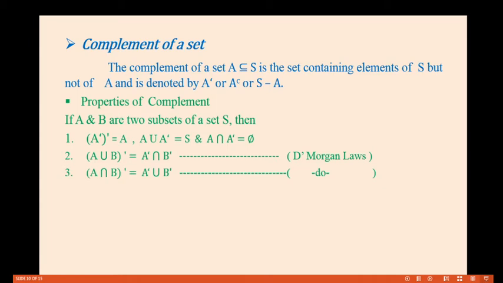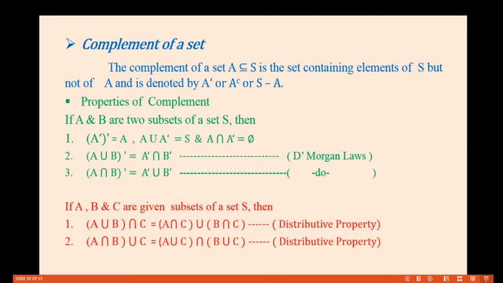If A and B are two subsets of set S, then the complement of the complement of A is A. A union A complement is the whole of the set S. A intersection A complement is the empty set. The complement of (A union B) is equal to A complement intersection B complement, and the complement of (A intersection B) is equal to A complement union B complement. These two are known as De Morgan's laws.